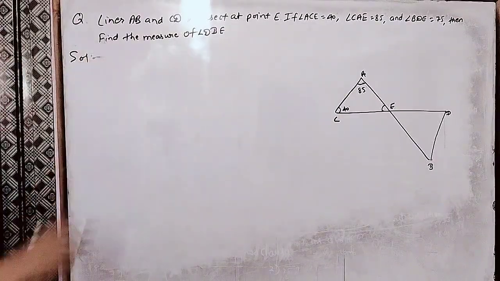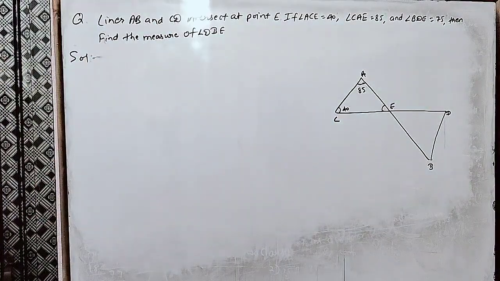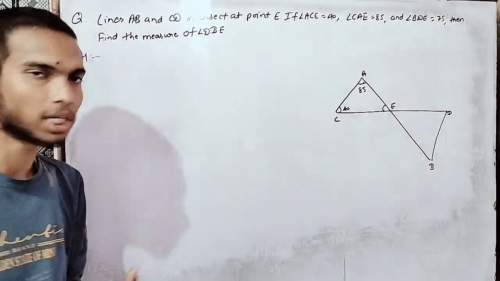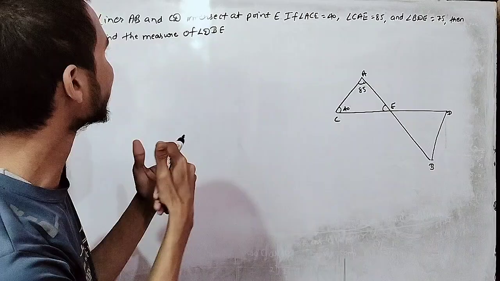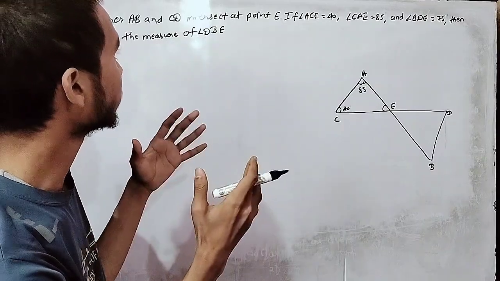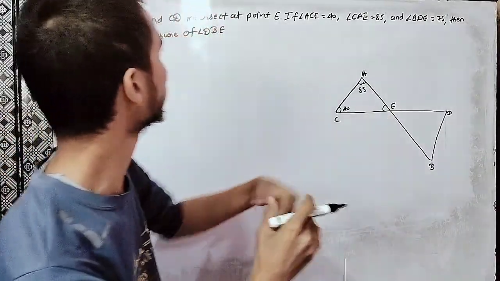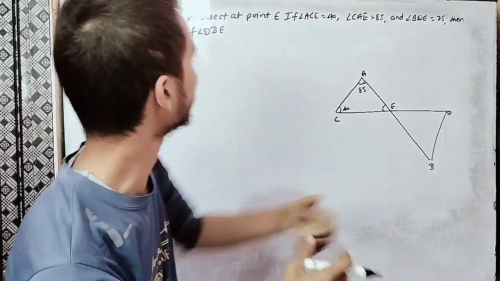Just carefully, we can understand. AB and CD are intersecting at a point, A here. CD and AB.